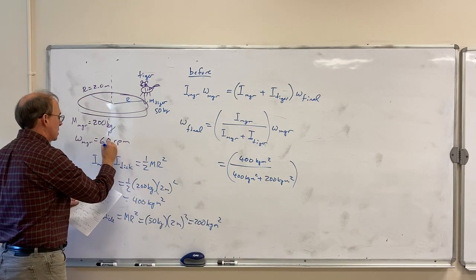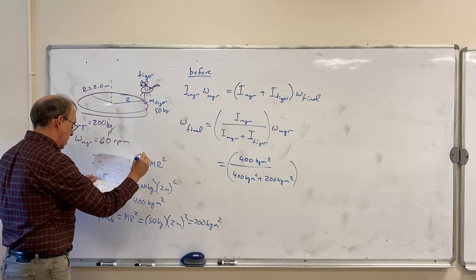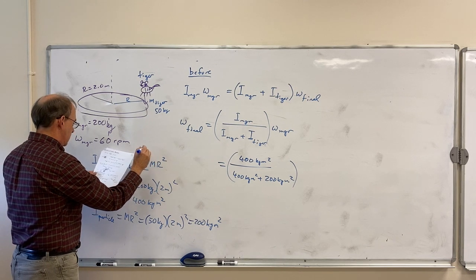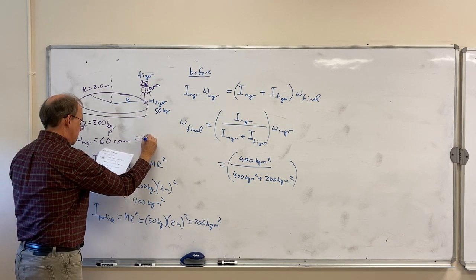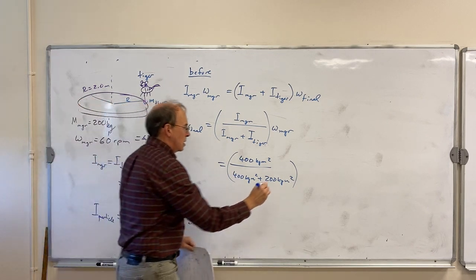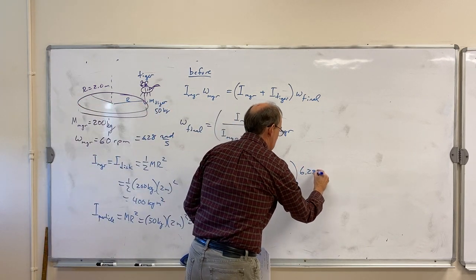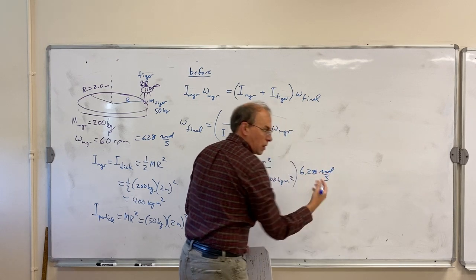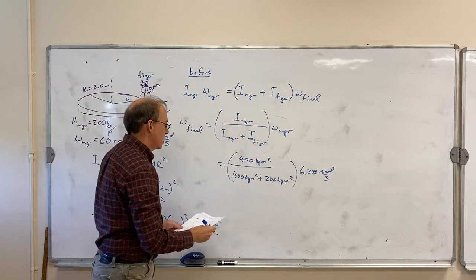Omega, 60 RPM, if I do the conversion, is 6.28 radians per second. So I did the conversion already for you.